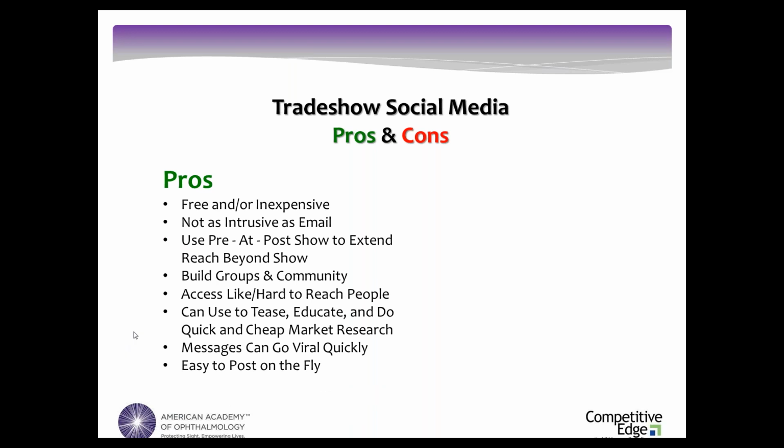Some of the pros of social media is that unless you're doing pay-per-click or some of the more sophisticated stuff, it's pretty much free. Social media is not as intrusive as email. A lot of us today are really wanting to drive our business with email, but email is very cluttered.